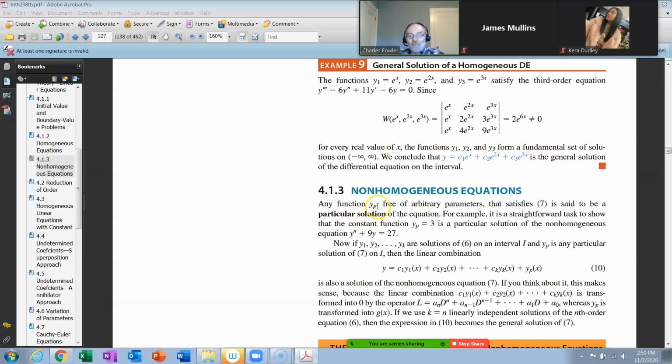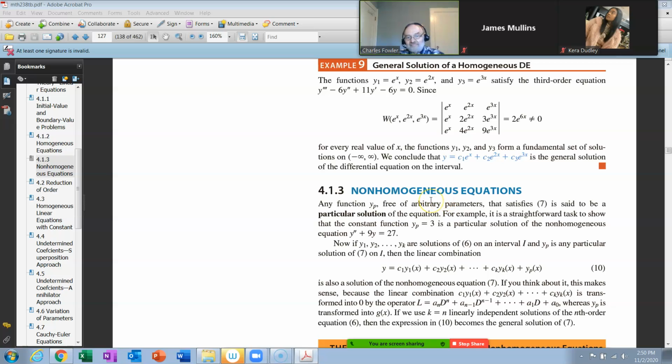So any function y sub p free of arbitrary coefficients. Remember, this can be written with arbitrary coefficients C1, C2, and C3 here. But anytime you have a differential equation with this not equal to 0 on the right hand side, that's called a particular solution.